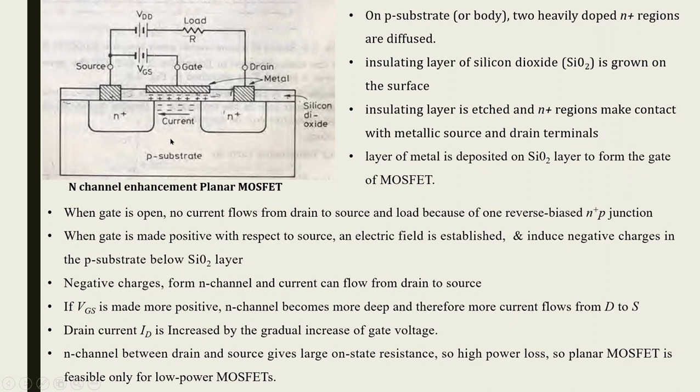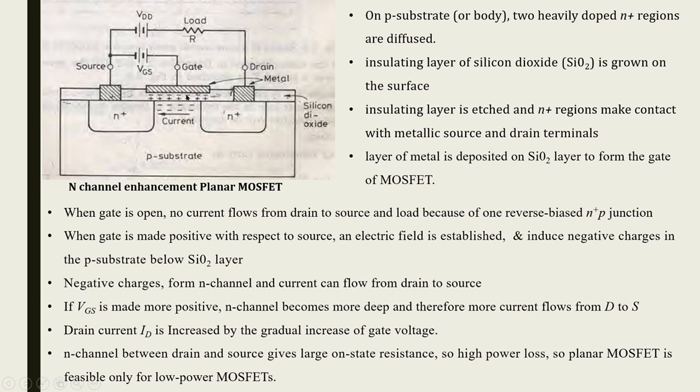So this P N plus junction will be acting as a reverse biased junction. When no gate signal is given, the N plus P junction will be reverse biased. So there won't be any current flow here when the gate terminal is open.